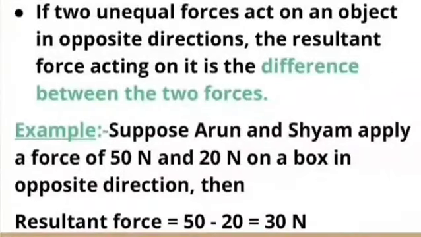For example, suppose Arun and Shyam apply a force of 50 Newton and 20 Newton on a box in opposite directions. Then what will be the resultant force? The resultant force is the difference between these two forces, so it will be 50 minus 20, 30 Newton.